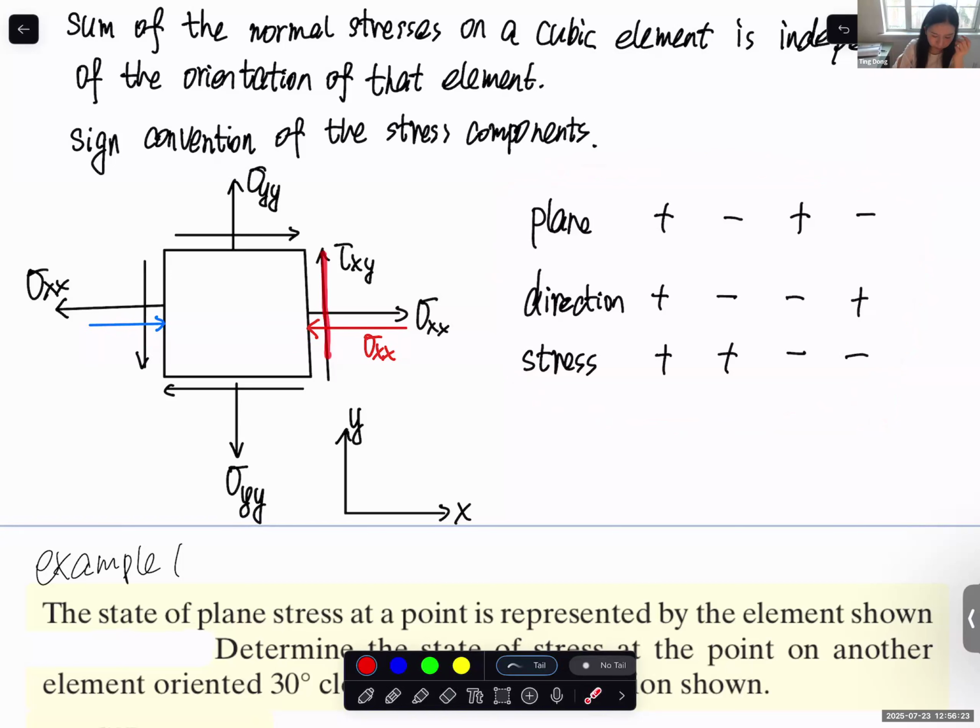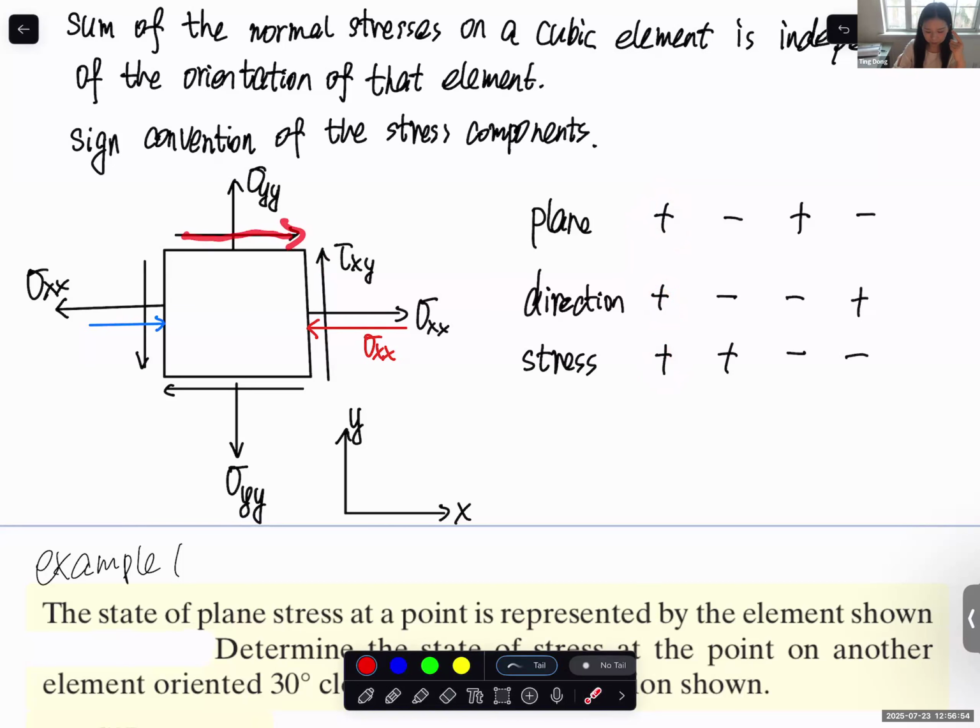So let's use this one for example. This is on the positive x plane. The surface is facing the positive x direction, and it is in the positive y direction. So it becomes positive plane, positive direction, stress component should be positive.